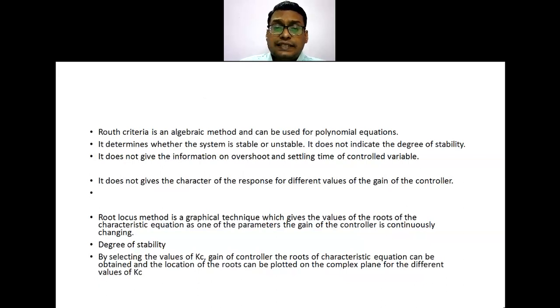So the second method, the root locus method, was developed, which gives the degree of stability. It is basically a graphical technique in which the values of the roots of the characteristic equation are plotted as one of the parameters, the gain of the controller, is continuously changing.